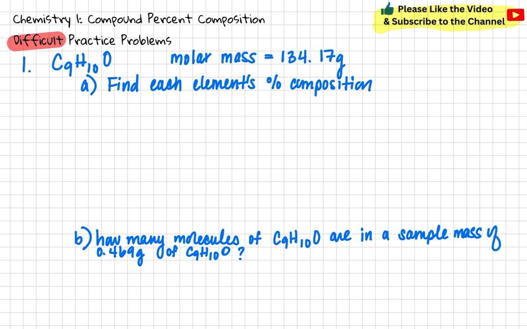So the first one we have actually gone over, so it shouldn't take us too much time. We just have to delineate every element in the molecule and plug in all the information required in the formula. So we're going to start with carbon. There are 9 atoms of carbon in this molecule. 12.01 grams is carbon's molar mass, and then the molar mass of the molecule is 134.17 grams. Multiply that by 100.